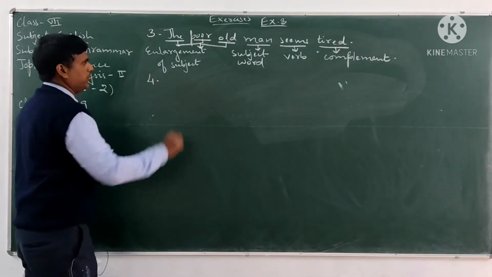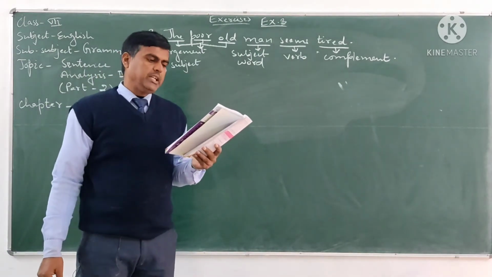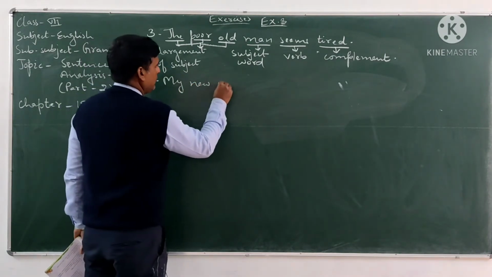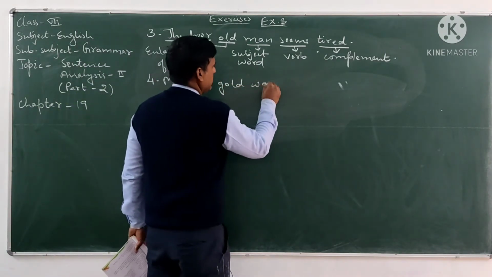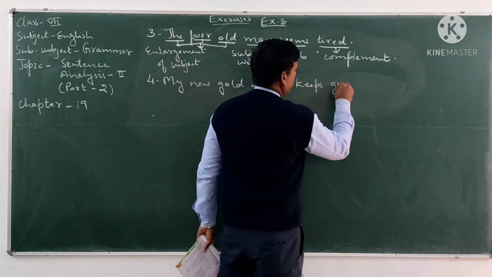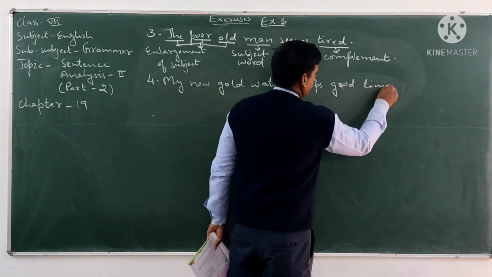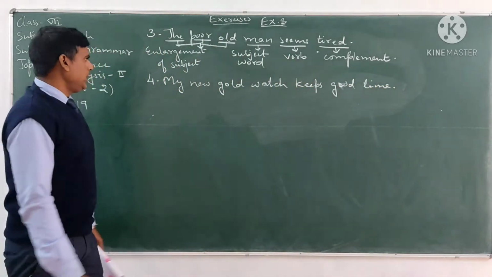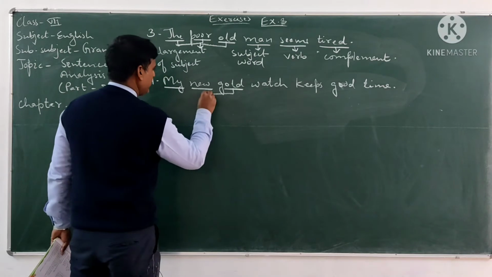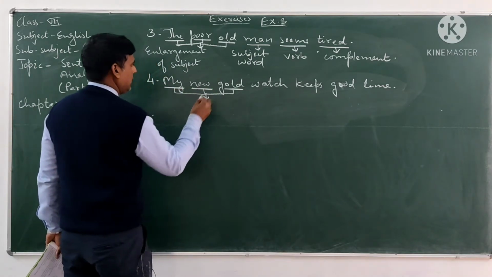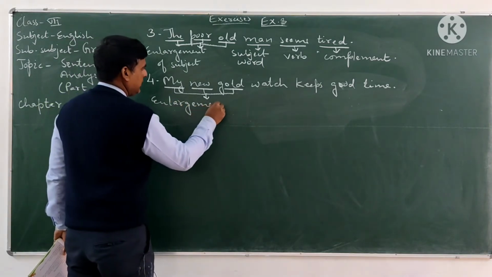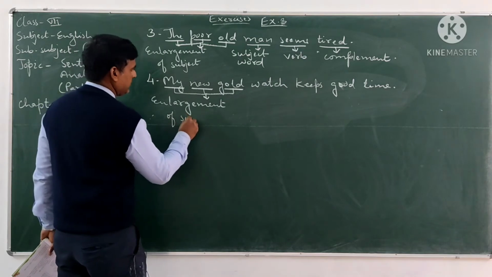Now see sentence number 4. Sentence number 4 is, my new gold watch keeps good time. Full stop. So in this sentence, my, new and gold, these three words are the enlargement of subject.